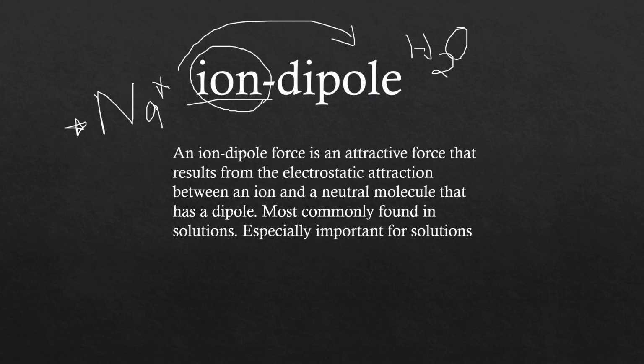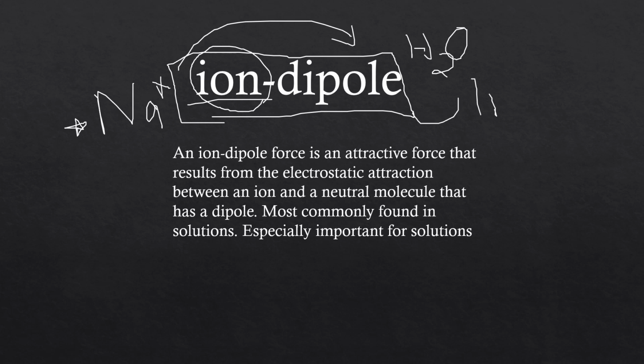So that is a point that here the ions and a neutral molecule that has a dipole will be dissolved in ions. Most commonly it is found in solution. Not most commonly, always it is found in solutions, especially important for solutions. Now this ion-dipole mostly happens in liquids. That is also a point.